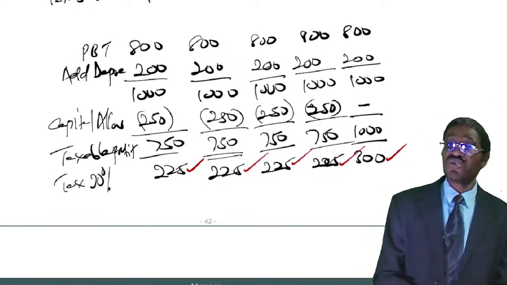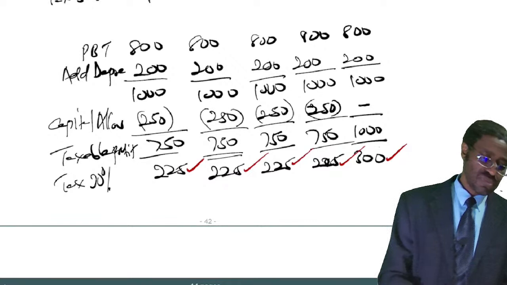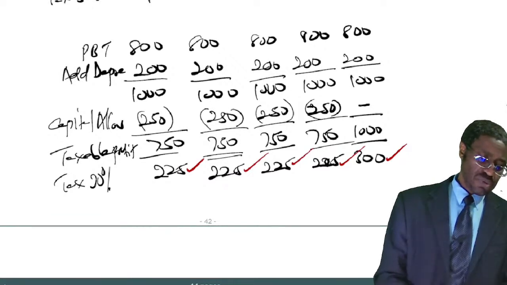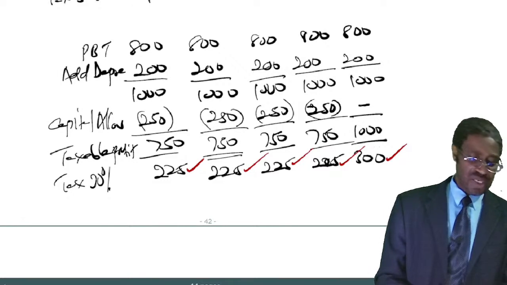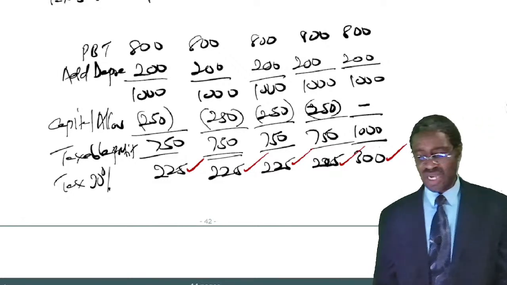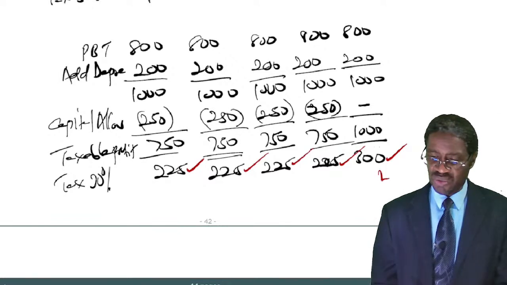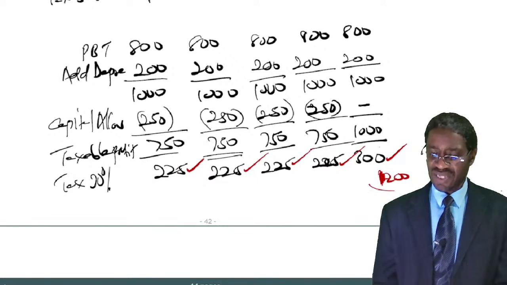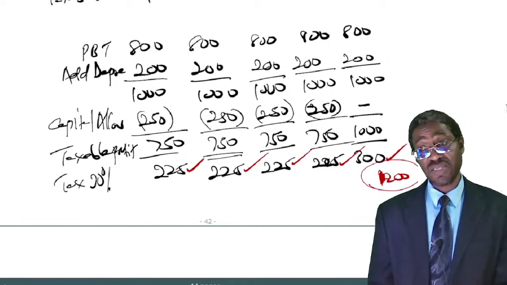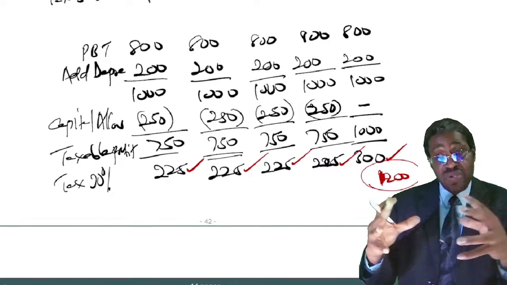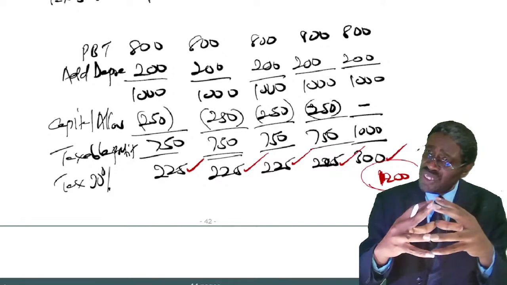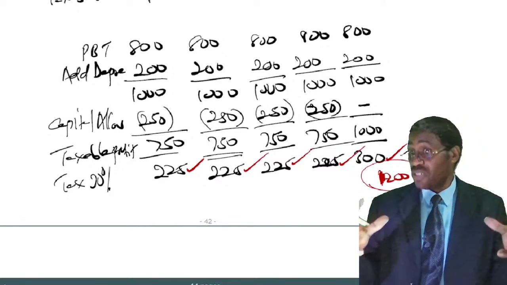It will be 225 times 4 plus 300. That comes to another 1,200 again. Listen, so over the 5-year period, the position looks to be the same in the long run.